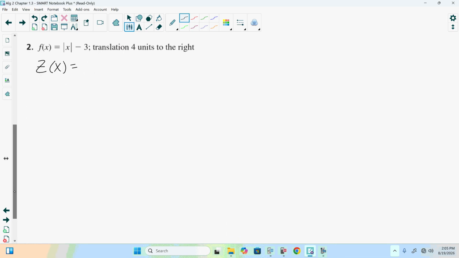Second one, the next one, f of x equals the absolute value of x minus 3. So the general form for our left-right movement, f of x minus h.